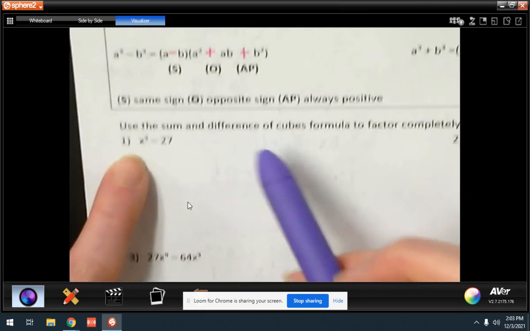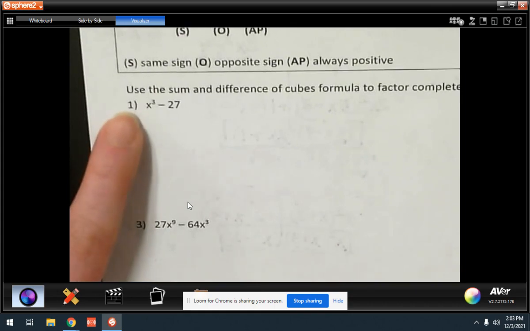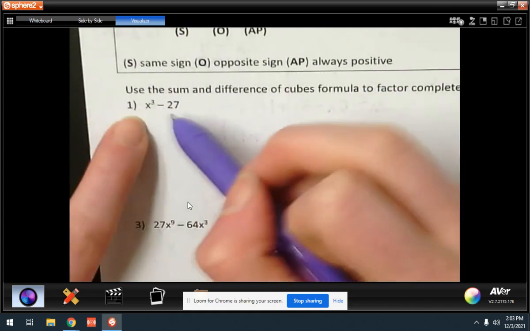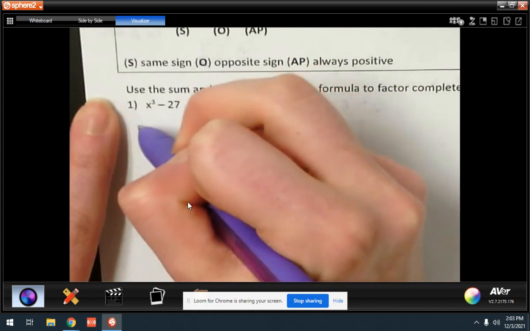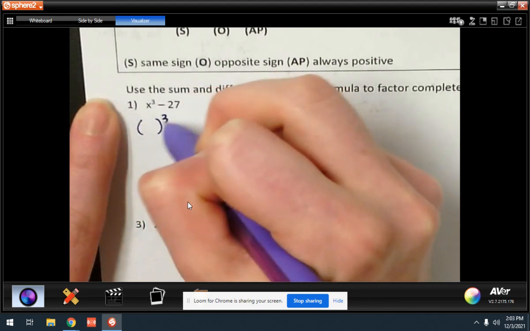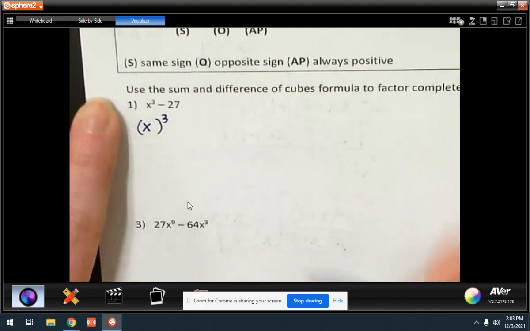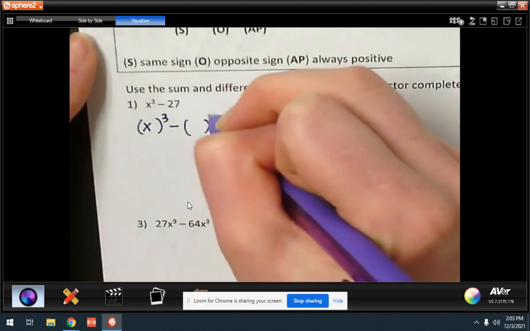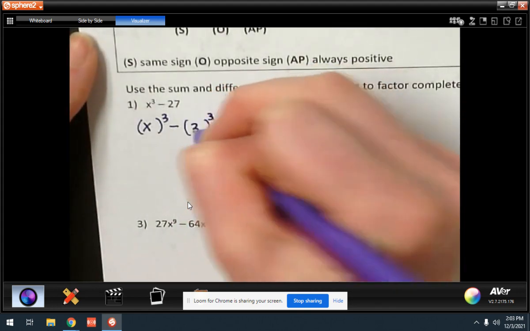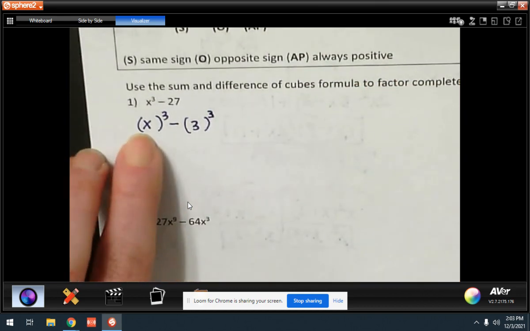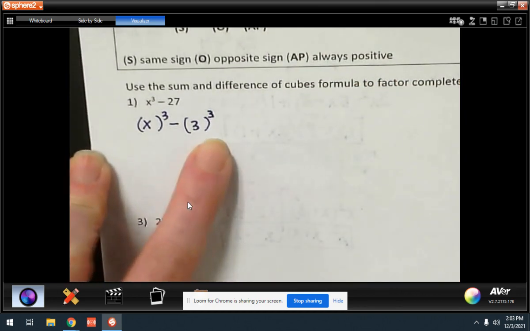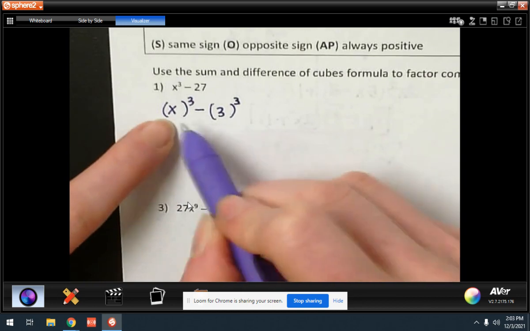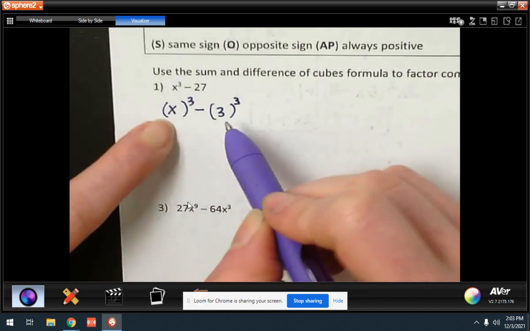So this first one, the first thing I do is figure out what the cube root of each one is. The cube root of x cubed is just x. The cube root of 27, 3. So this x is our a value, this 3 is our b value. I rewrite it like that so I can look at what the x and the 3 are.